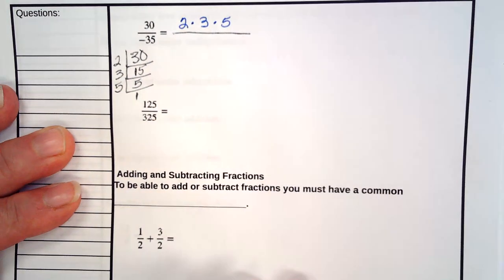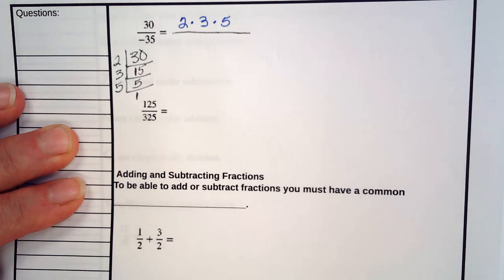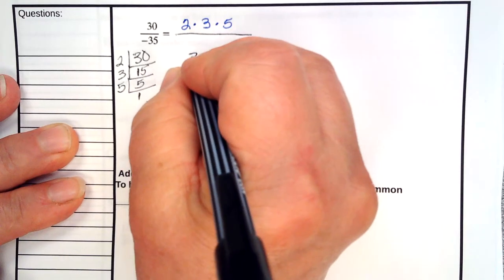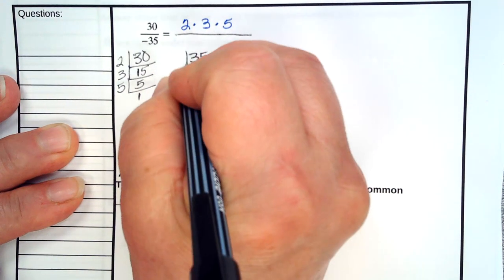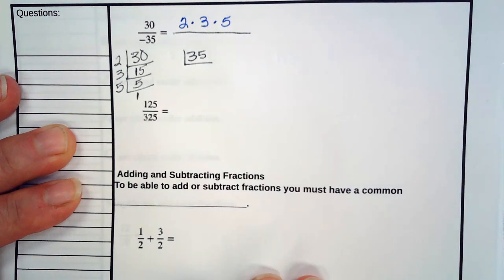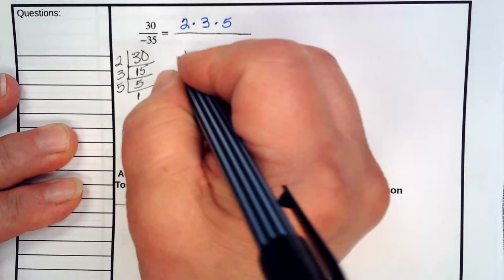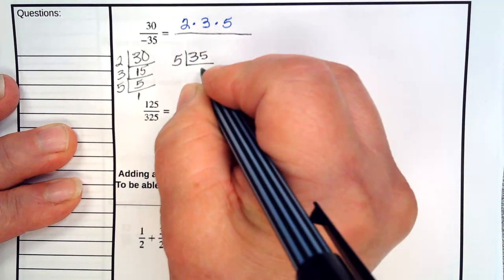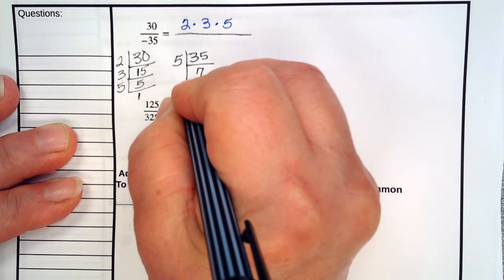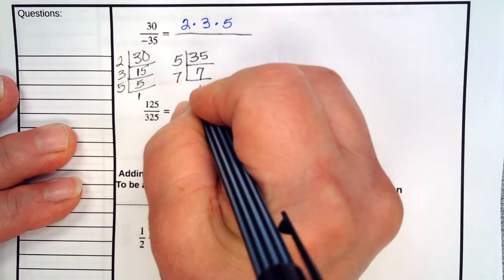That's what 30 is. What about 35? 35 is not even. Can I divide by 3? 3 plus 5 is 8. 8 is not divisible by 3. 35 is not divisible by 3. So we jump up to 5. Is it divisible by 5? Yes. 35 divided by 5 is 7. 7 is prime.